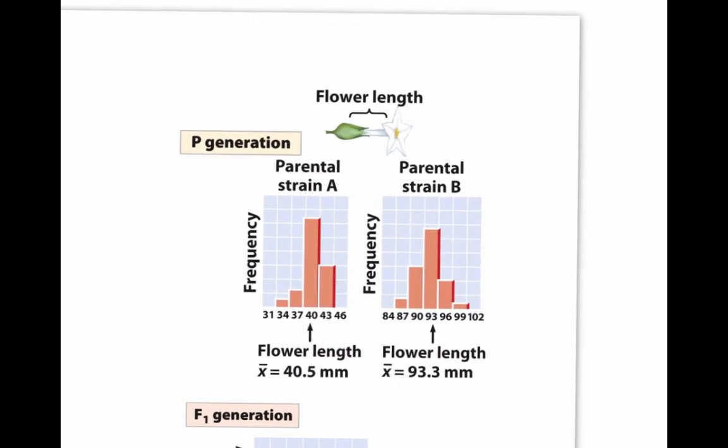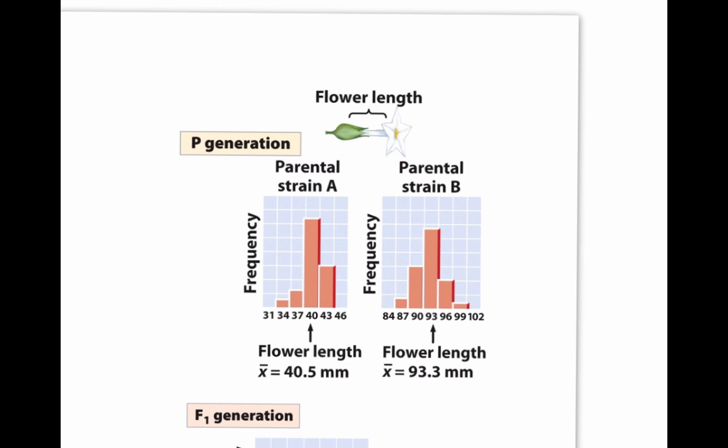And what he observed was that he had 2 pure breeding parental strains, and there was no doubt an environmental variation in both of these strains, because they would distribute around a mean, and the mean was different. In fact, you can see that these two don't overlap. Here the largest corolla is about 45, and here the smallest corolla length is about 87.